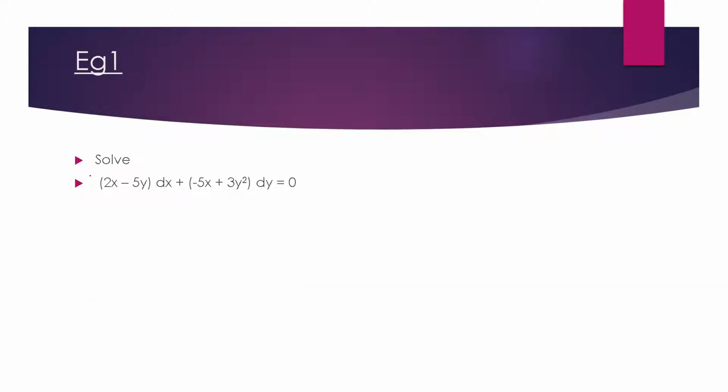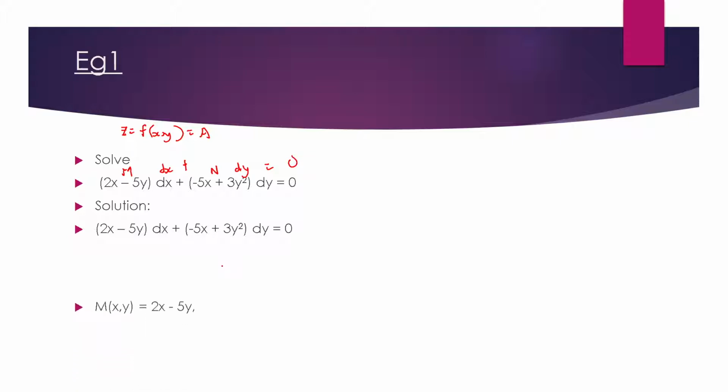Notice this comes from the introduction part, where we have z equal to f(x,y) equal to a, and just now we showed the M and N, so you have the form M dx plus N dy equal to 0.